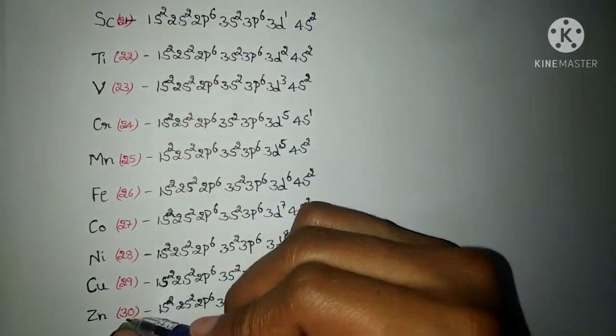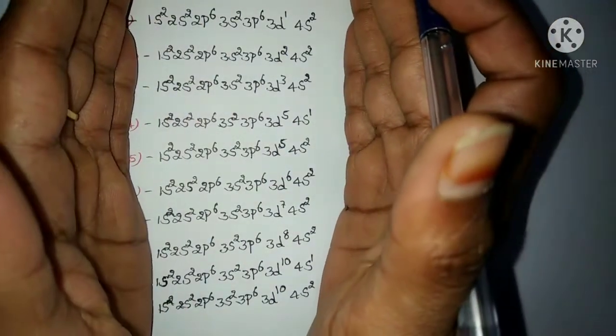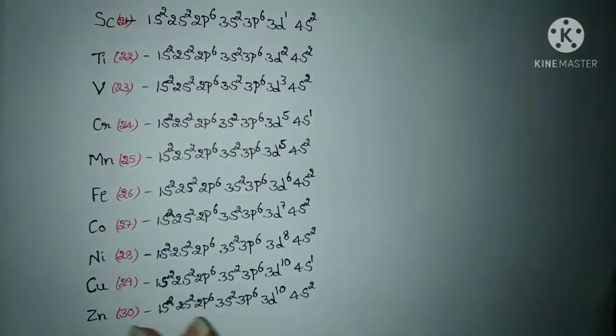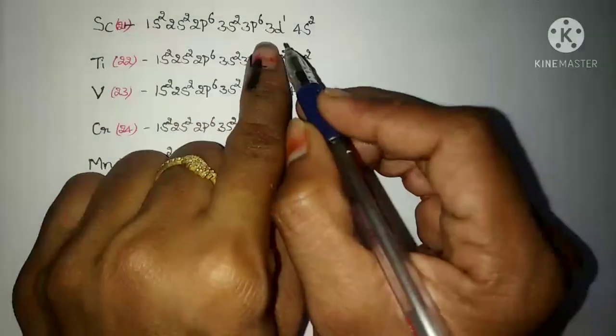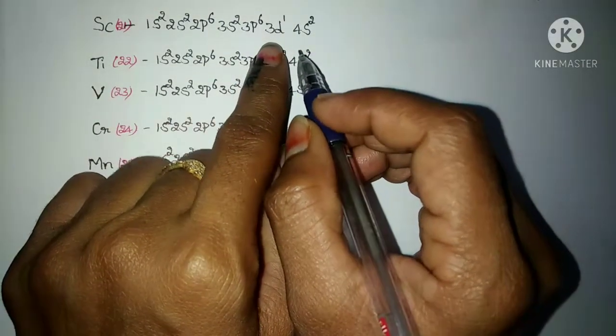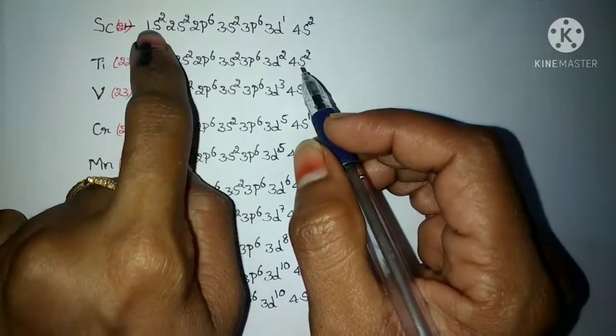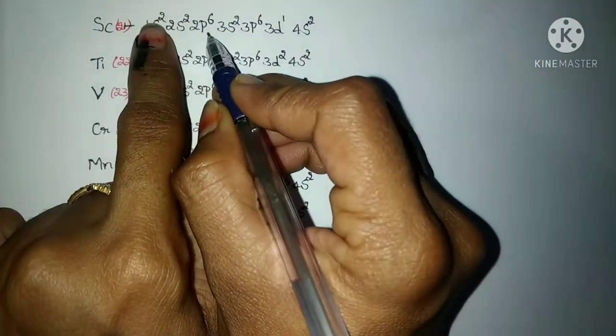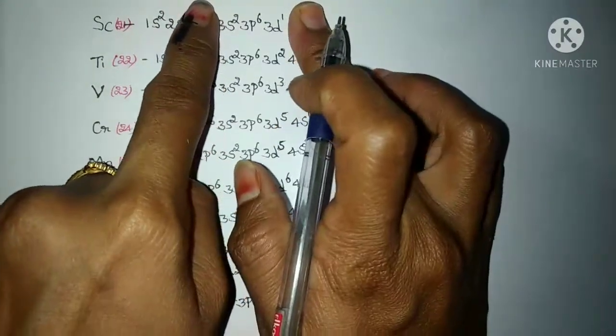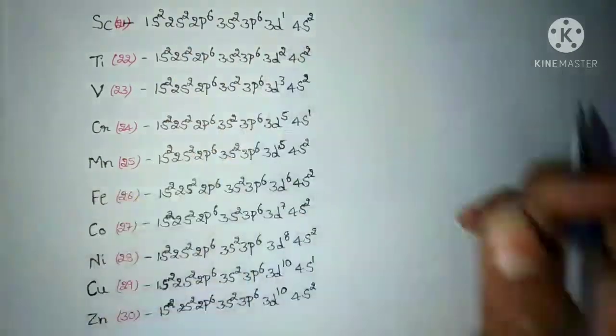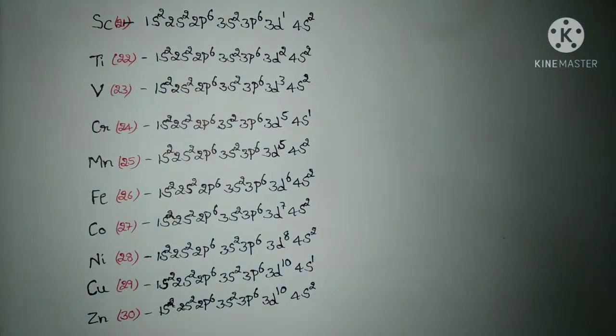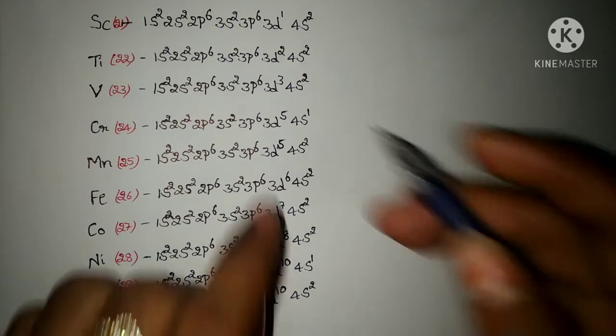And these are their atomic numbers and the electronic configurations of these respective elements. Here I have written the electronic configuration shell-wise: first shell, 2s and 2p second shell, then the third shell and the fourth shell.